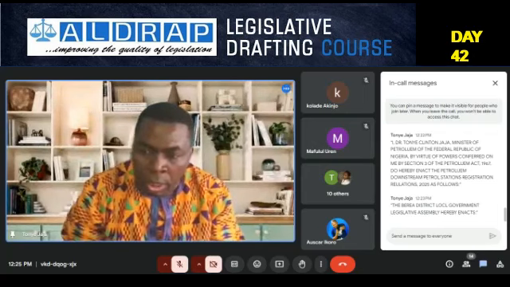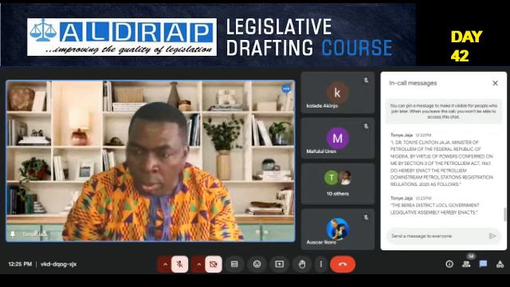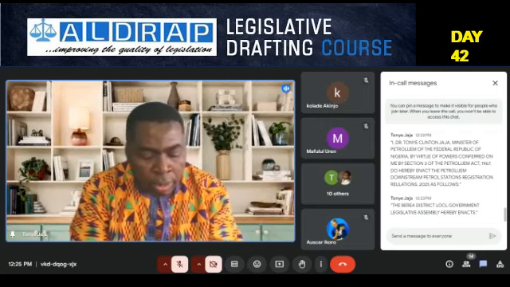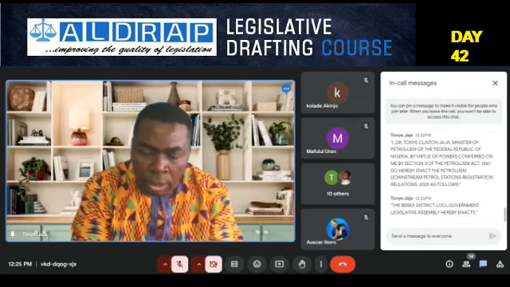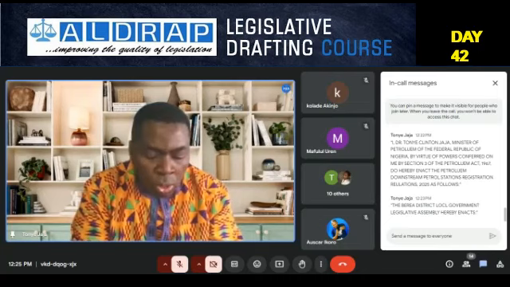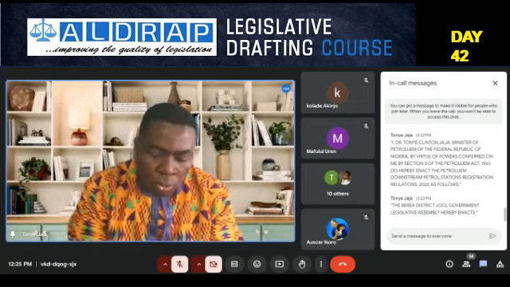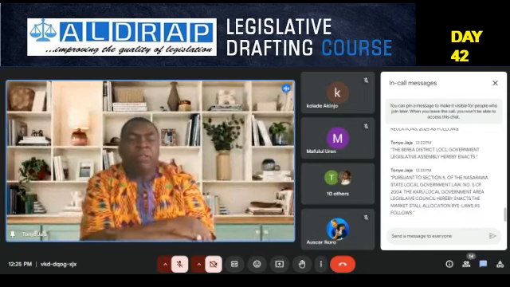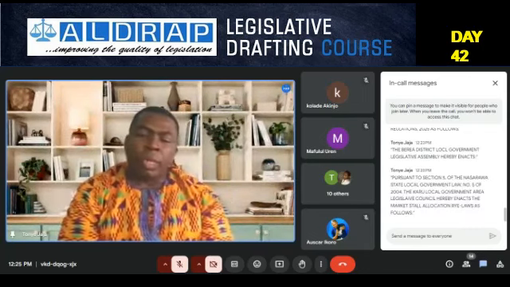The Karu Local Government Area Council hereby enacts the market stall allocation bylaws as follows. So this is an enacting formula for Karu.